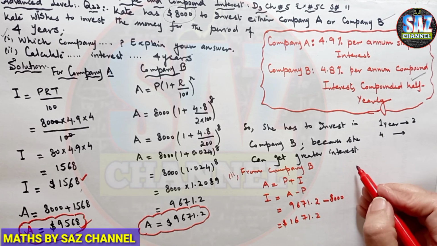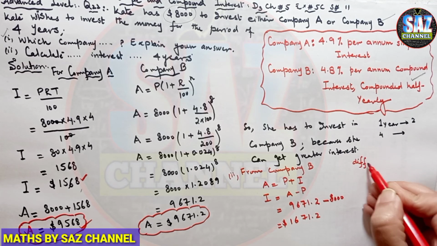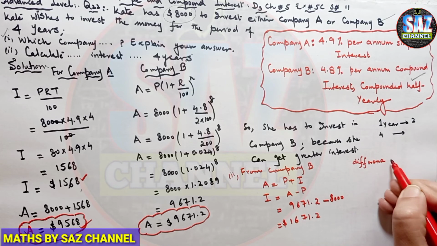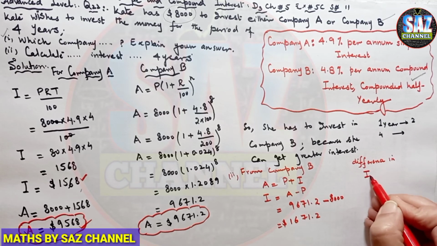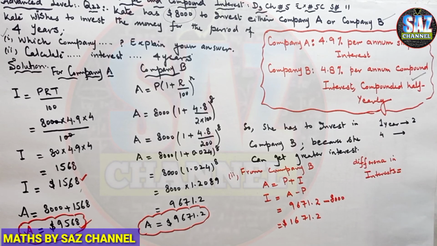Now the difference in interest is the requirement of the question. Difference in interests equals, we can write it as I1 and I2.